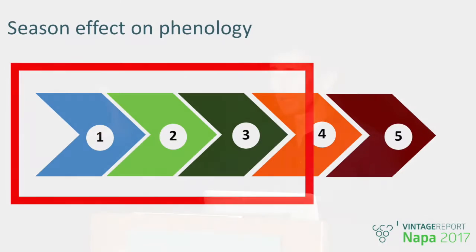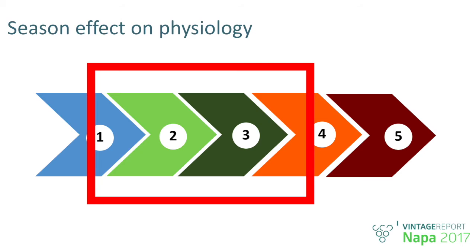The first talk today will look mainly at how the climate will affect stage 1, 2, 3, and 4. And for that, with Elizabeth, we will basically see how heat and climate in general is affecting the onset of bud burst, bloom, or even veraison. Then for the physiological assessment of the season, we will look really much at how period 2 and period 3 set the stages for fruit composition during period 4 and 5.